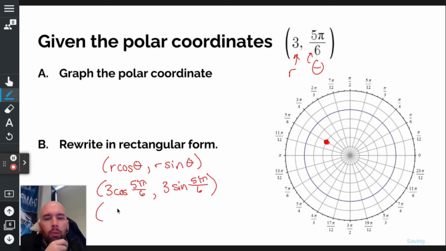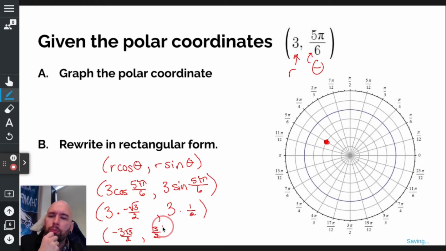All right, yep. 3 times negative root 3 over 2. And sine 5 pi over 6 is going to be positive a half. So 3 times a half. So simplify this out, and you get negative 3 root 3 over 2 and 3 over 2.